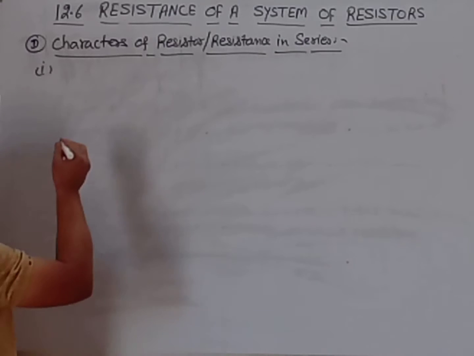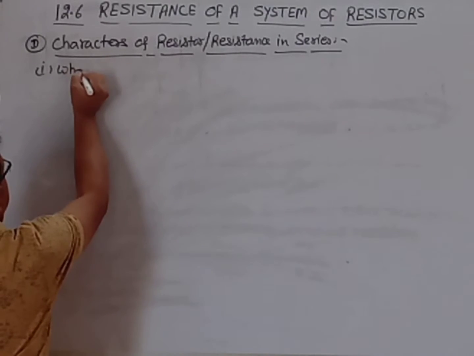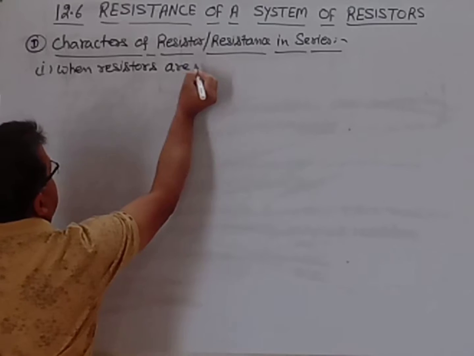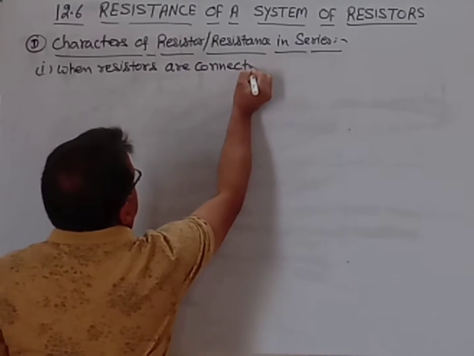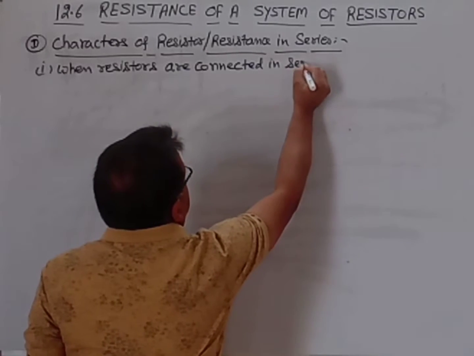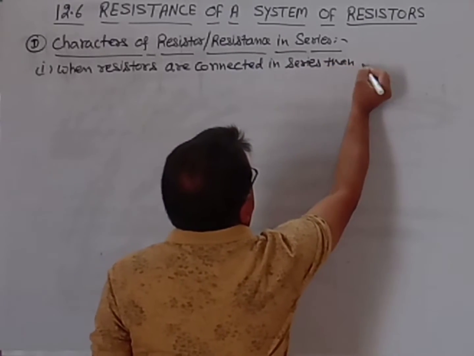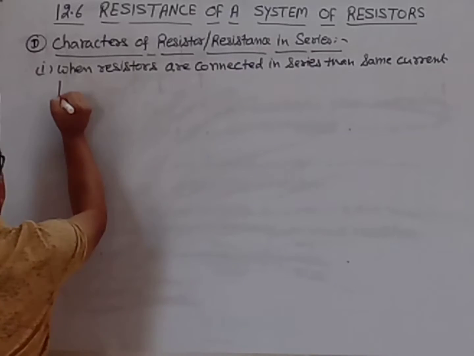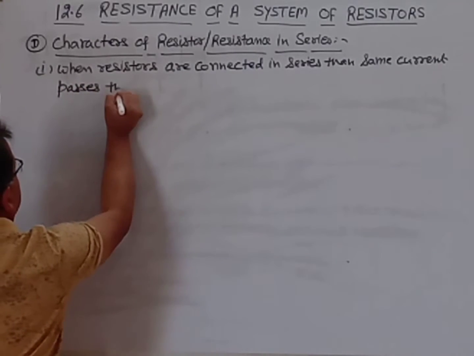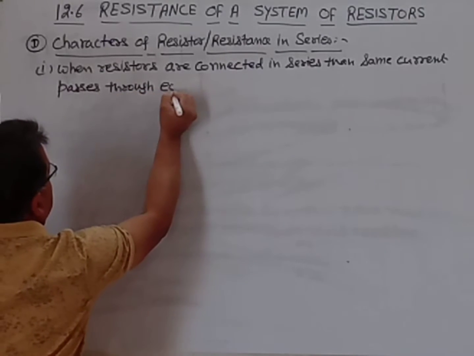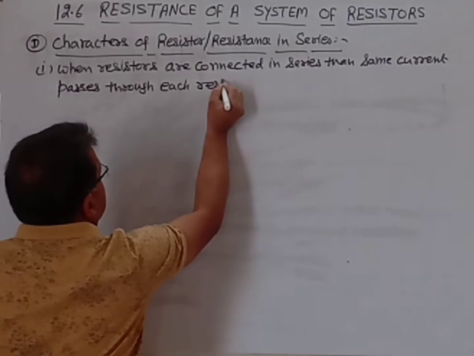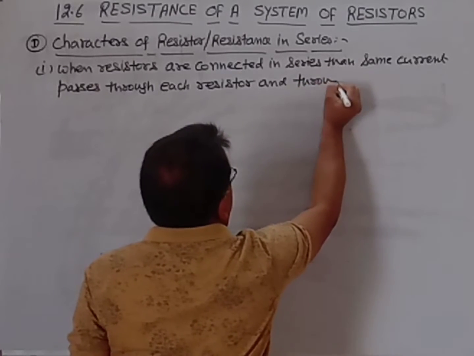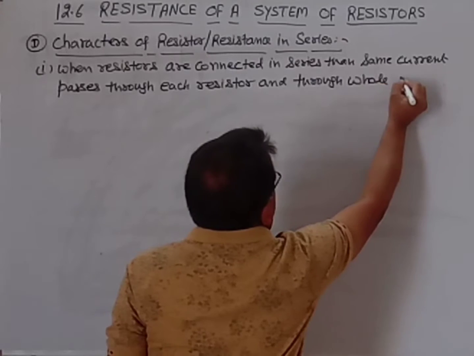So this is the first law. First law is, when resistors are connected in series, then the same current passes through each resistor and through the whole circuit.